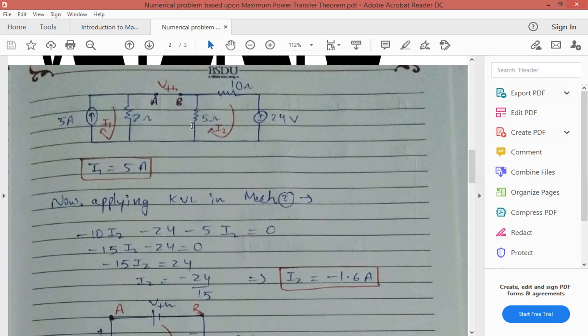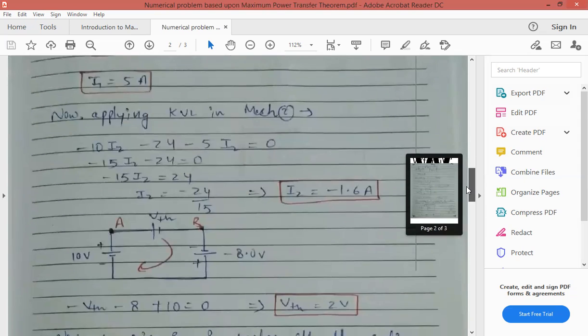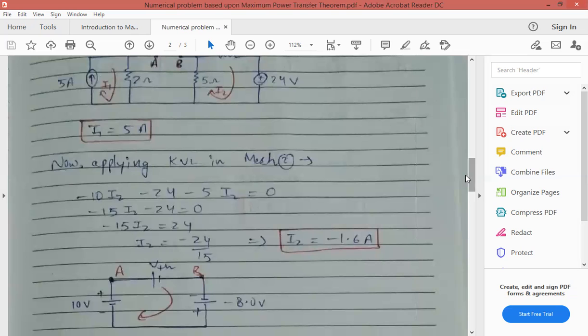So across the 2 ohm resistance, the voltage drop will be 10 volt, because I1 is 5 ampere and the resistance is 2, so V is 2 into 5, which is 10 volt. And across the 5 ohm resistance, the voltage drop will be 5 into minus 1.6, that is minus 8.0 volt.